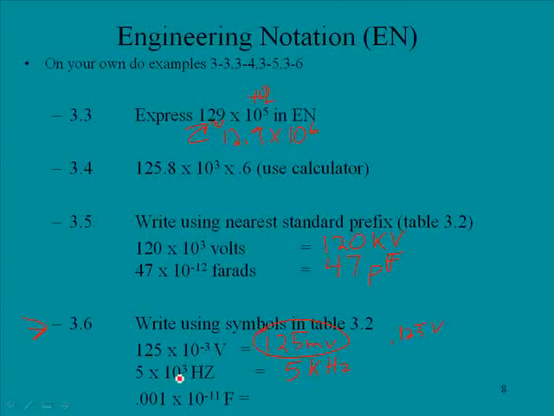We want to go one more negative, so we would need to move that decimal point one more to the right, so we'd move it over here to 0.01, and then we could make this to the 12th, so we could say 0.01, and that would be in picofarads. Please do all of the problems that are in 3.3, 3.4, 3.5, and 3.6.